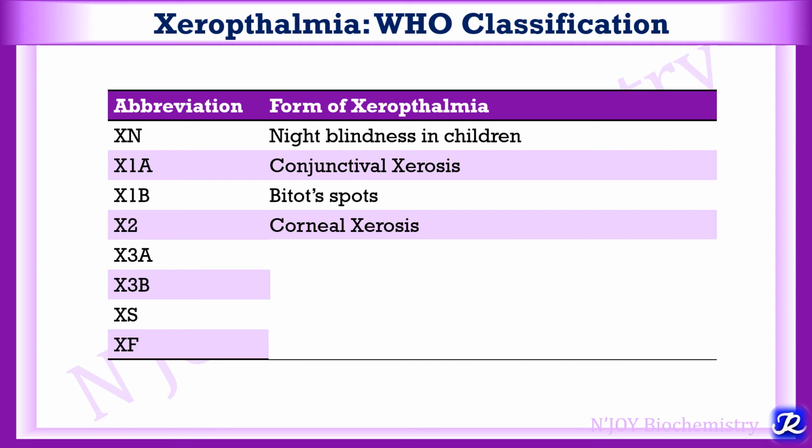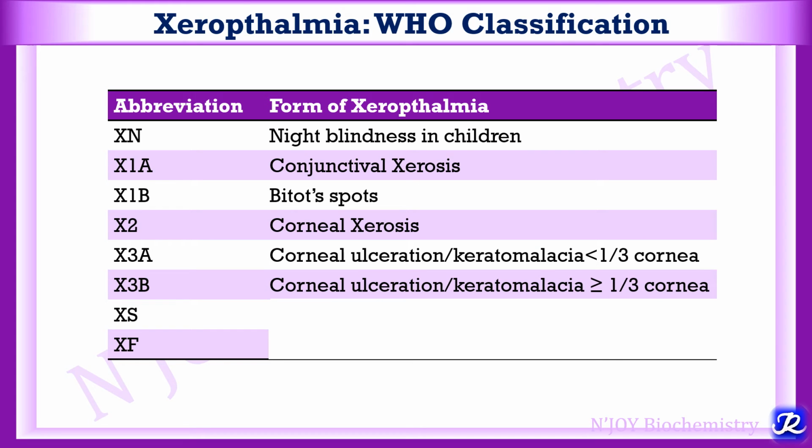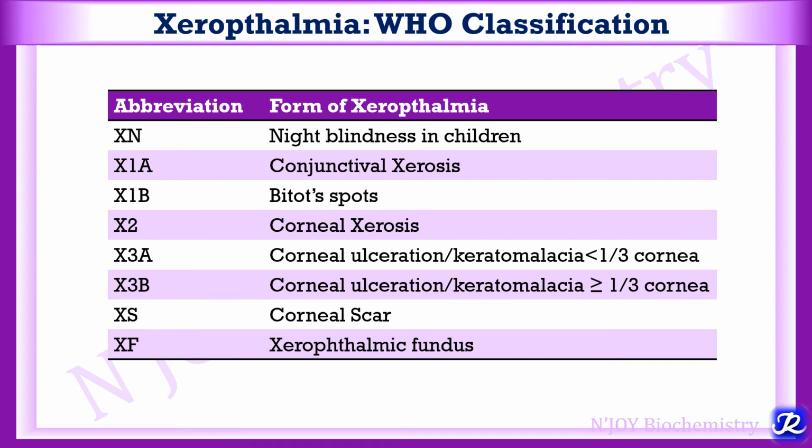X2, corneal xerosis. X3A, corneal ulceration or keratomalacia, where less than 1/3 of the cornea is involved. Then X3B, corneal ulceration or keratomalacia, where more than or equal to 1/3 of the cornea is involved. XS is corneal scar, and XF, xerophthalmic fundus. So these are the various forms of xerophthalmia as per the WHO.